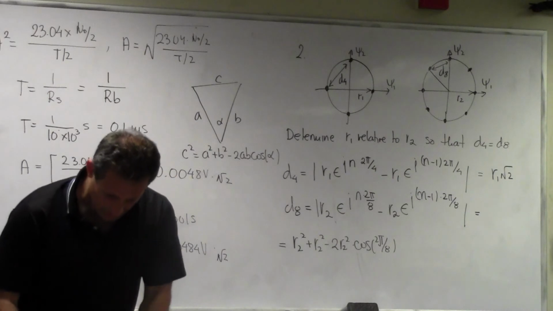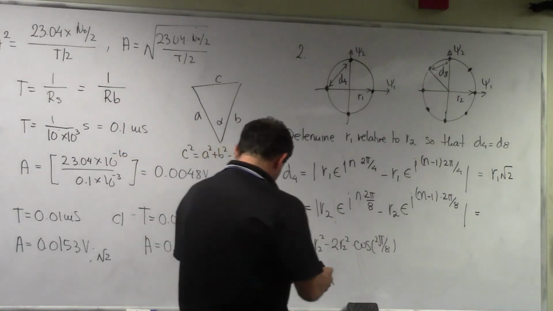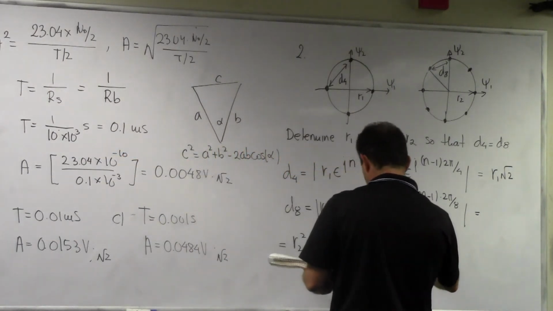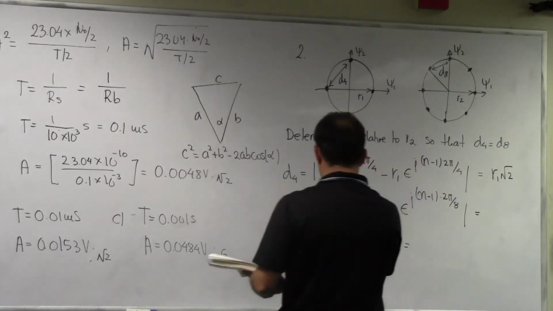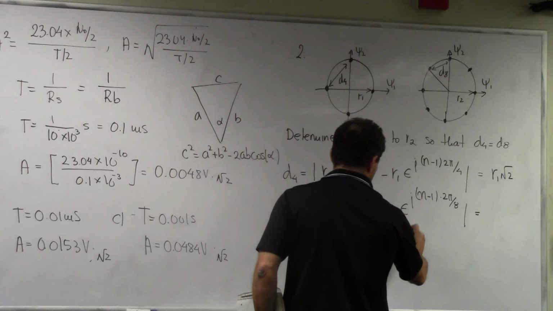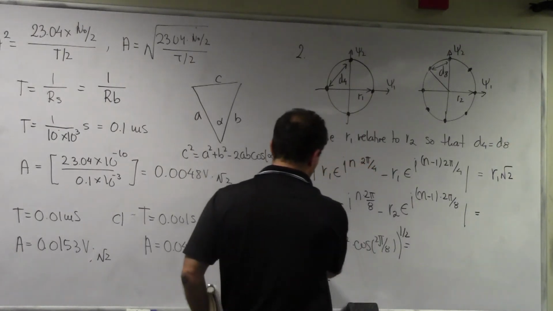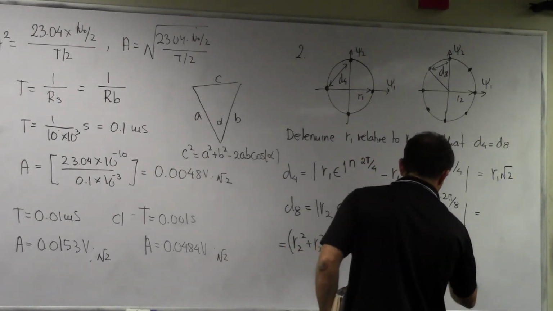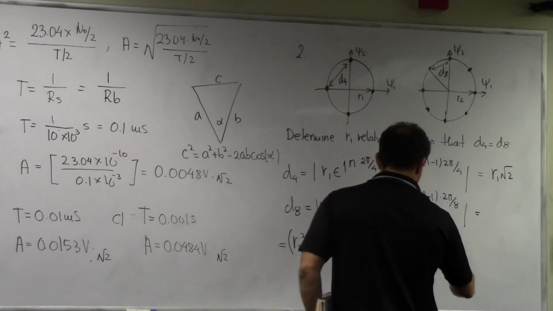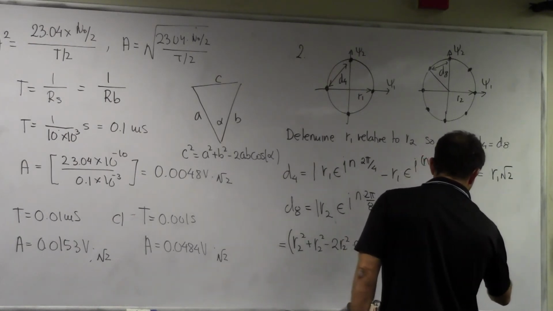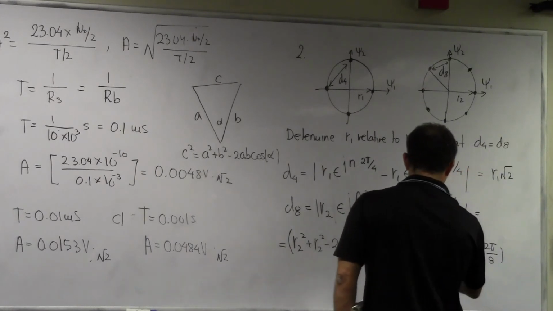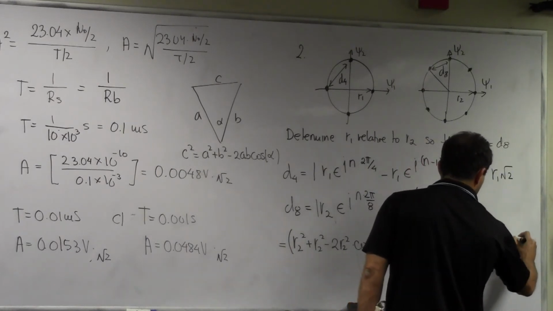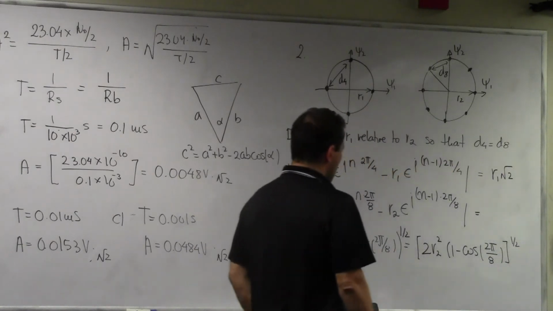And when we do some analysis, D8 becomes, taking the square root, 2 R2 squared is common, and then I have 1 minus cosine 2 pi over 8, and then taking the square root of all of that.